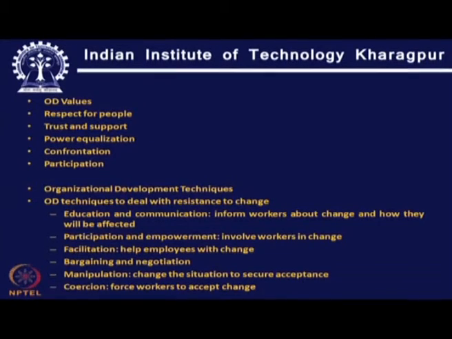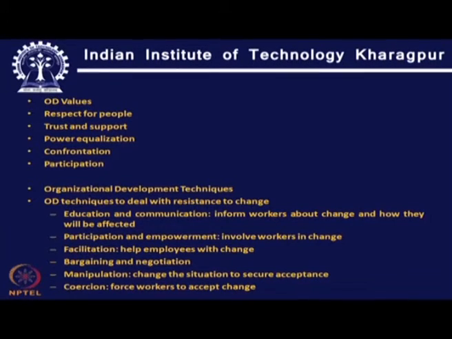The OD values are, first, respect for people, then trust and support, power equalization, confrontation, and participation. So, first we should respect each and every person, we must have trust and support for the activity, support others to develop, support others to express themselves, and there should be power equalization.